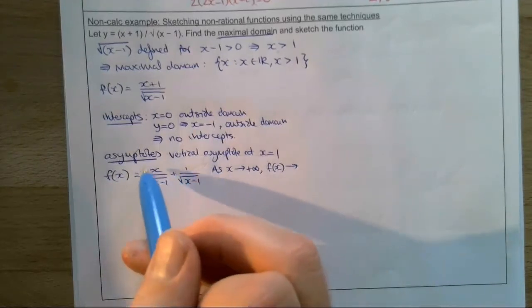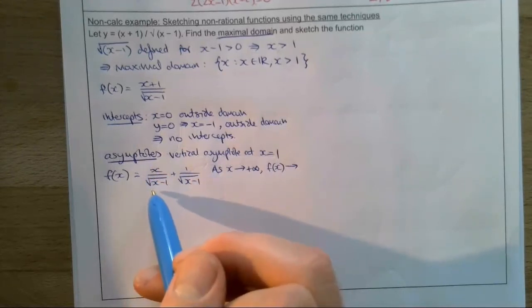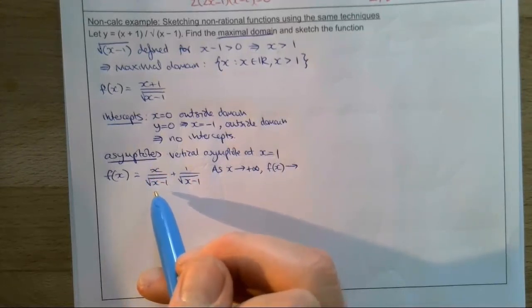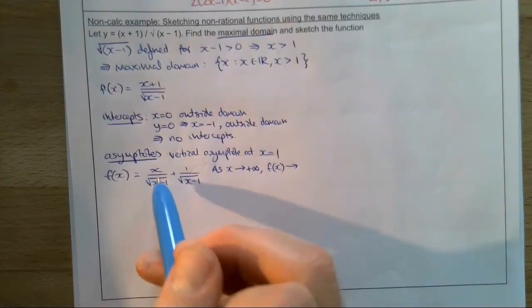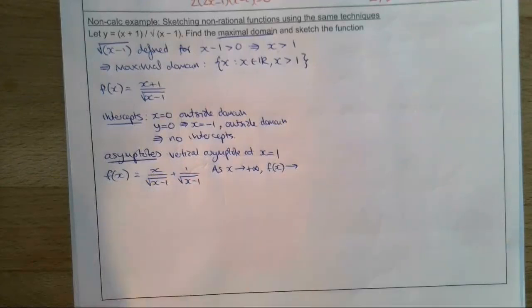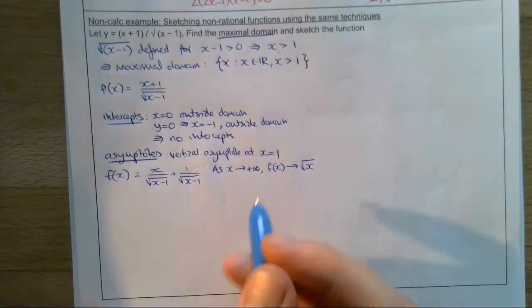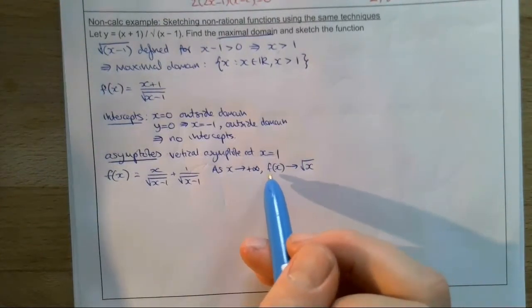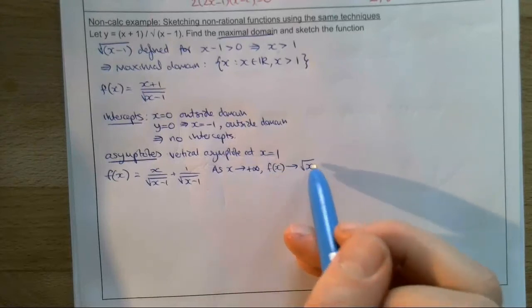And then this expression on the left, the x over the square root of x minus 1, well, for large x, this is going to be really, really close to square root of x, because x divided by root x minus 1 is very close to x divided by root x, and x divided by root x is just root x. So with a little bit of approximation, we can see that this is going to tend to square root of x.